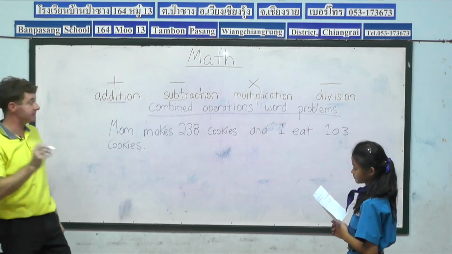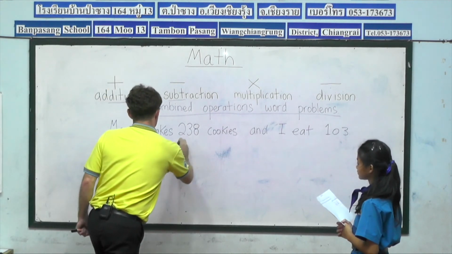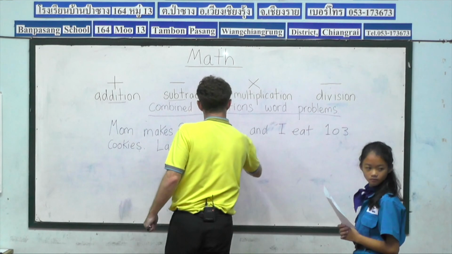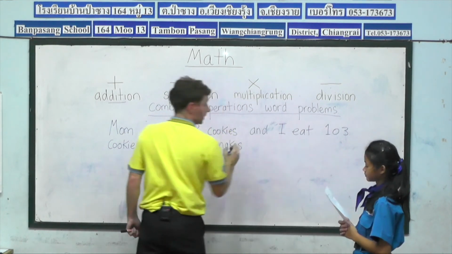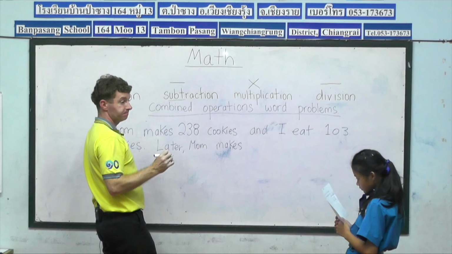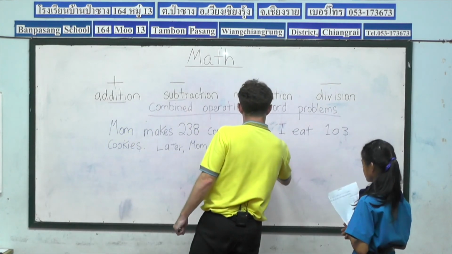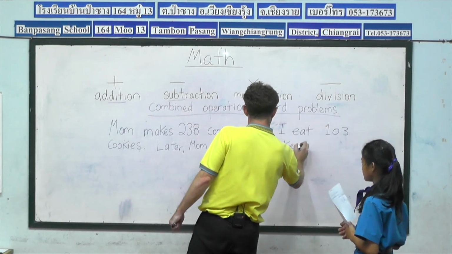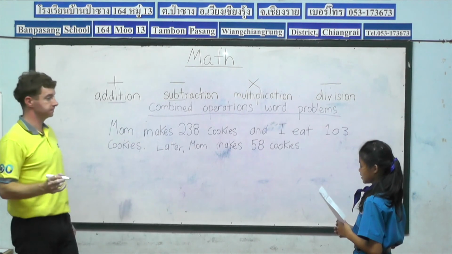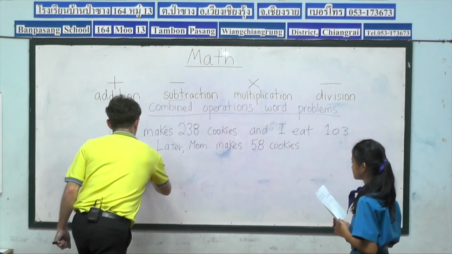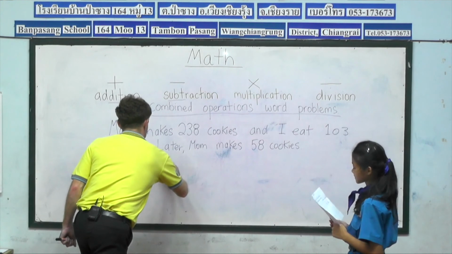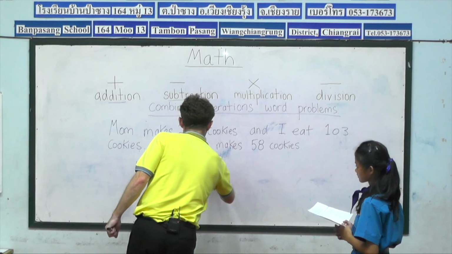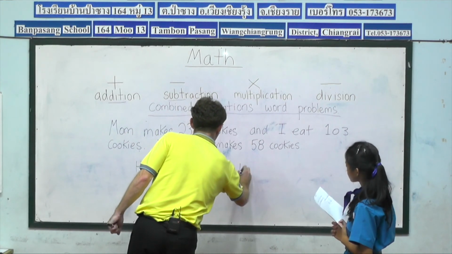Later, Mum makes 58 cookies. Okay, so what is your question? How many cookies are left?